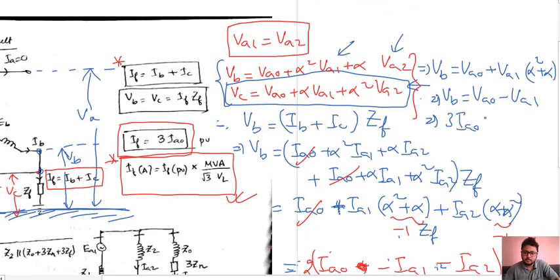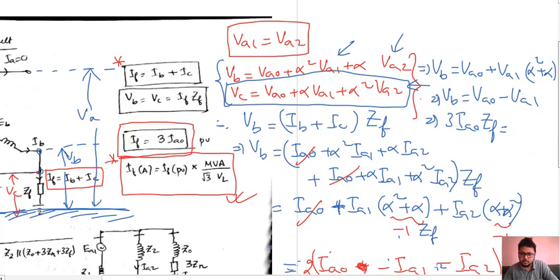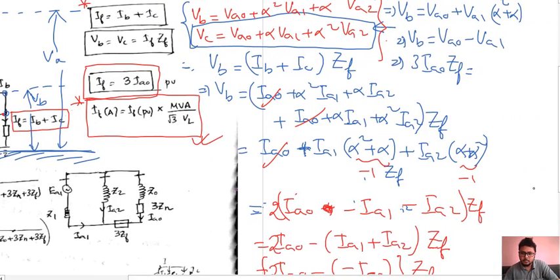So 3 times Ia naught ZF equals VA naught minus VA1. Okay, so this is another relation.